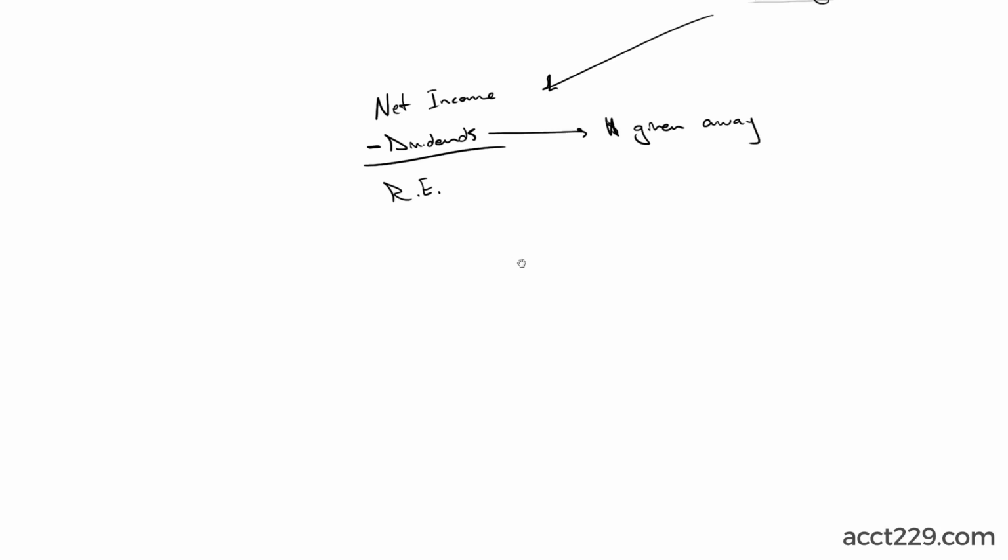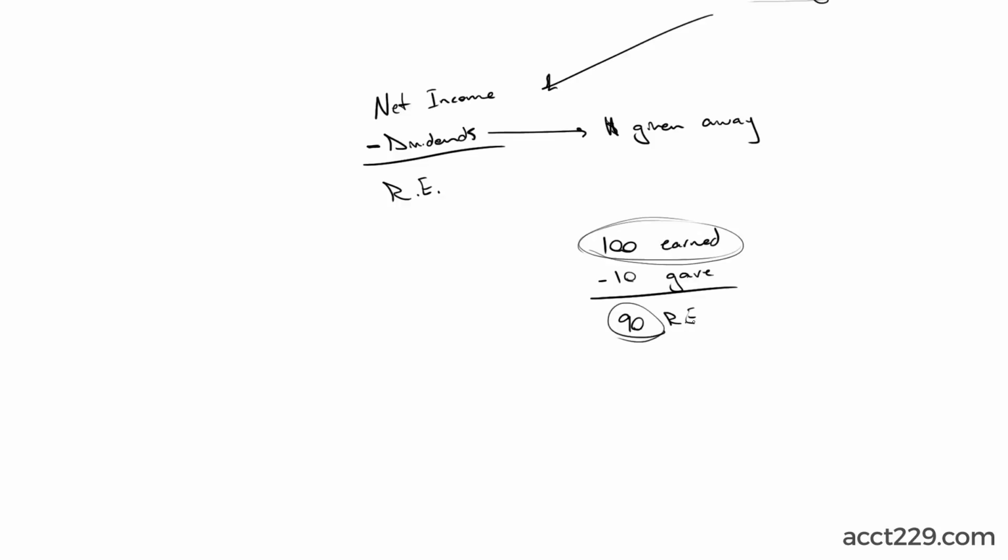Think of it this way. If you made $100, so you earned $100, then you gave away $10 to your church. So you gave away $10. The money that you kept would be $90, and this would be your retained earnings, right? How much of your earnings did you retain?